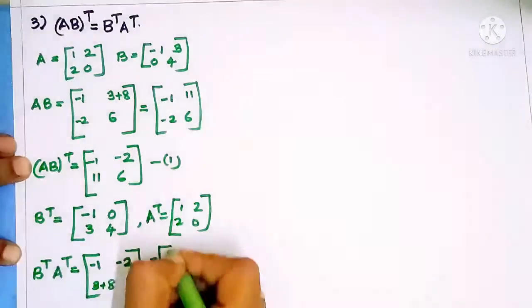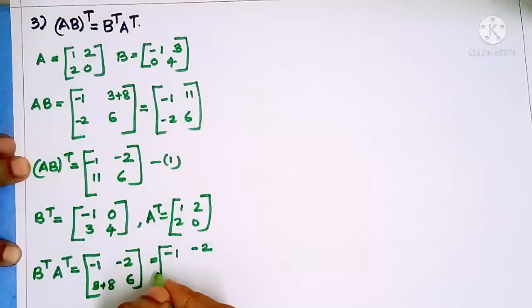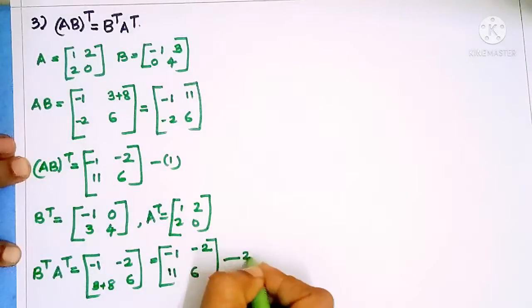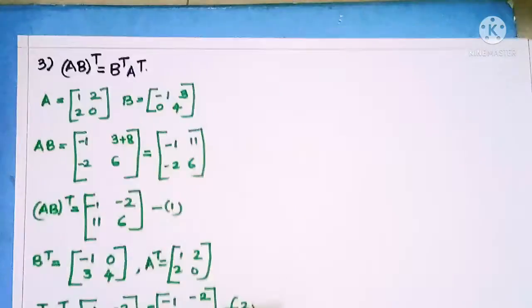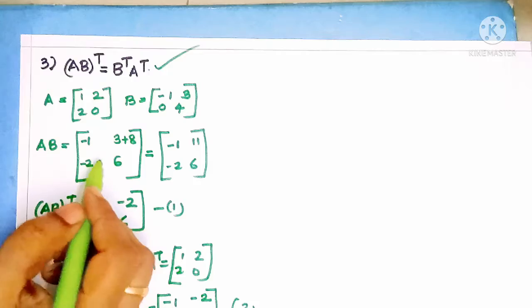It is equal to [-1, -2; 11, 6]. If you compare equation number 1 and 2, both are equal. So we can say (AB) the whole transpose equals B transpose into A transpose.